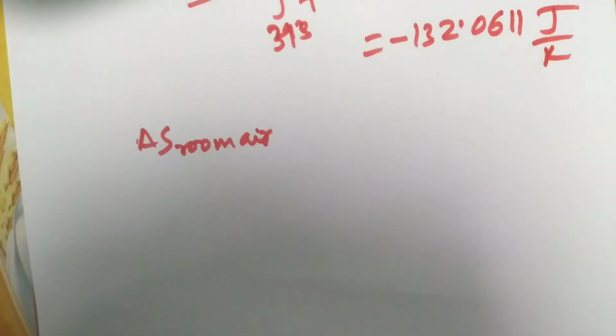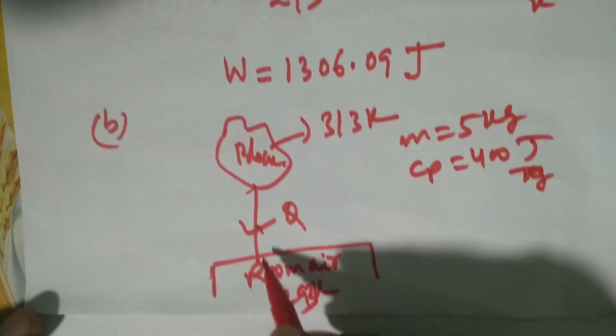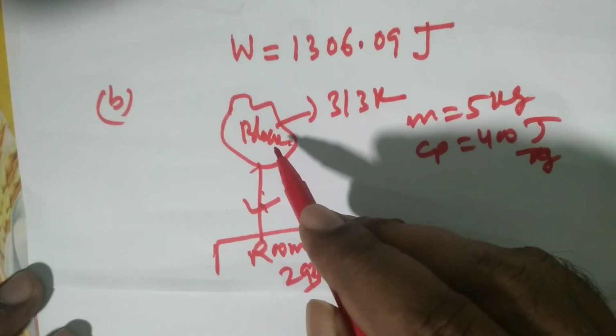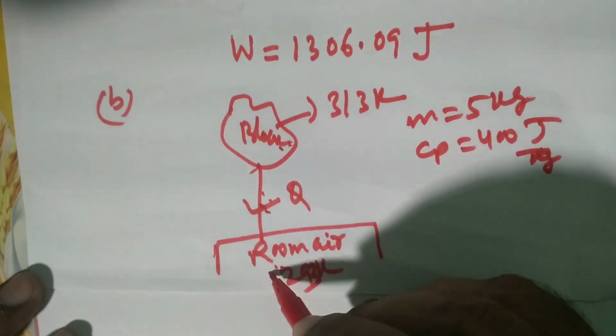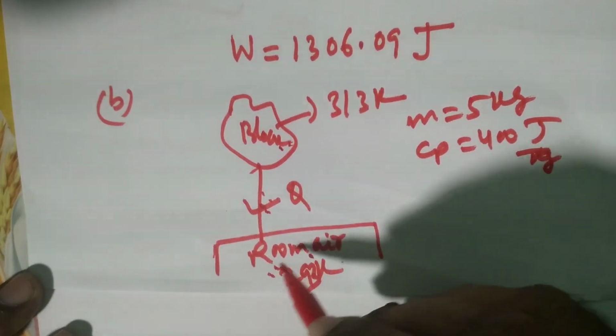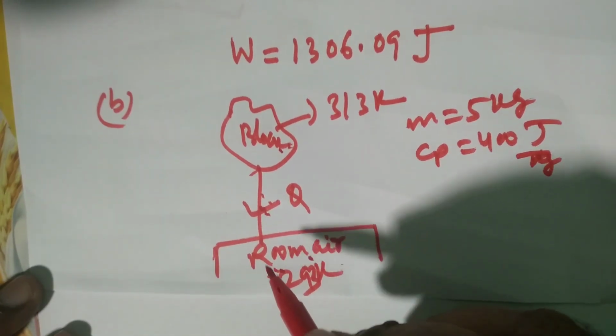In this case, delta S of room air is just whatever heat Q is rejected by this block to the room air divided by the temperature of room air. Here the room air acts like a thermal energy reservoir. It does not change.